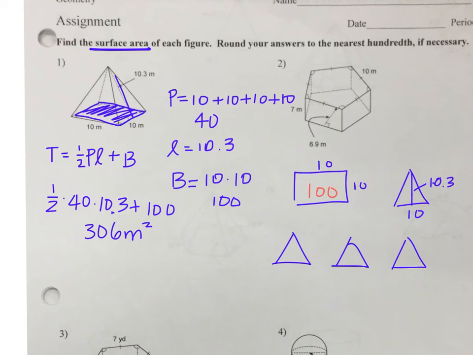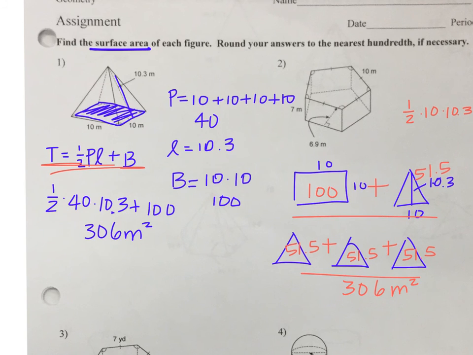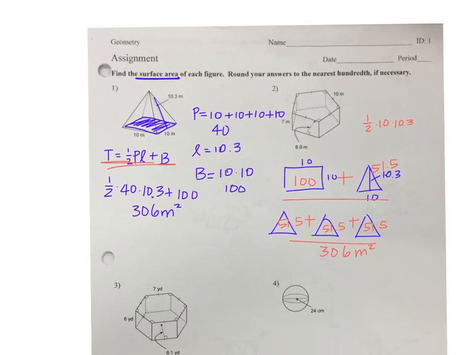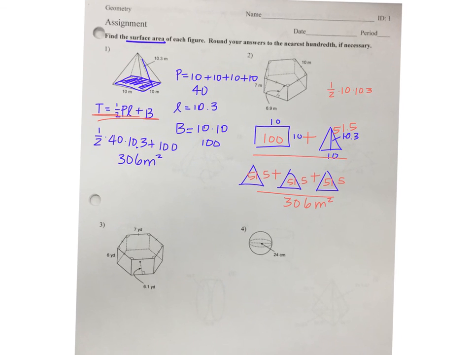To find the area of a triangle, I do 1/2 base times height, and that would be 51.5. So all these are 51.5. I found the area of each of these shapes, and then I just add those together. When you add them together, you get 306 meters squared. So you can choose whether you want to use the formula or dissect it into pieces, find the area, and add them together.